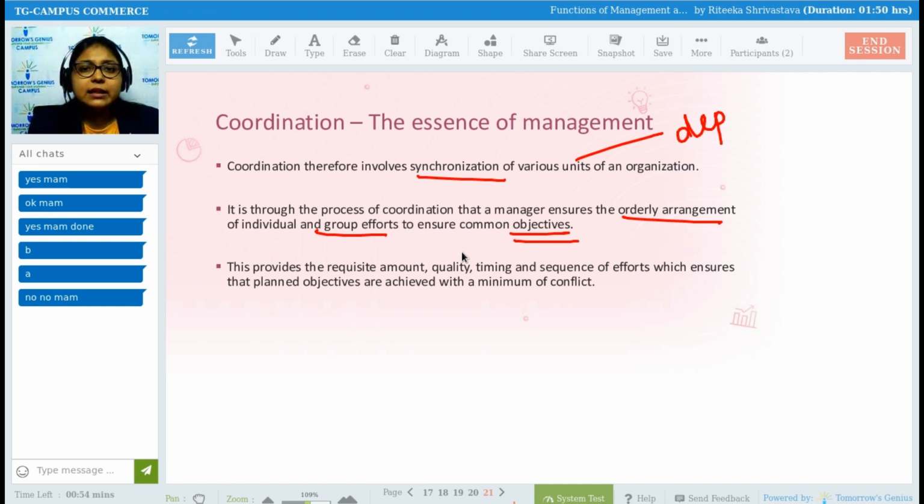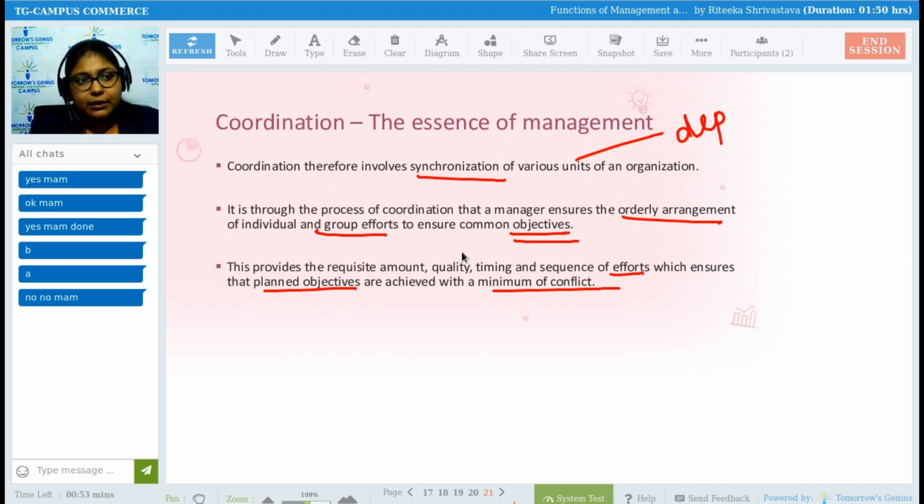A manager will clearly get to know which department, which person is doing how much, how much they are contributing, how much effort they are taking. This provides the requisite amount, quality, timing, and sequence of efforts, which ensures that planned objectives are achieved with a minimum of cost.